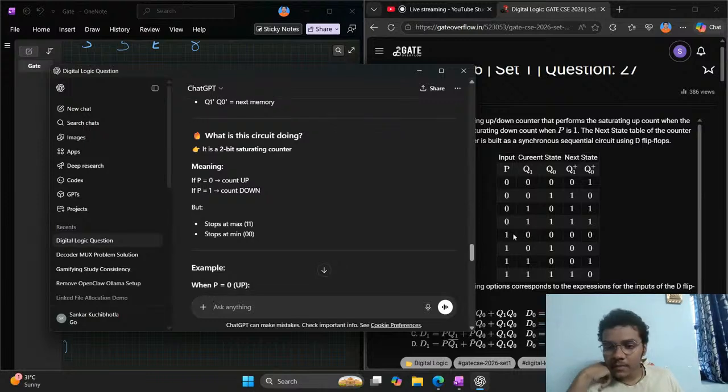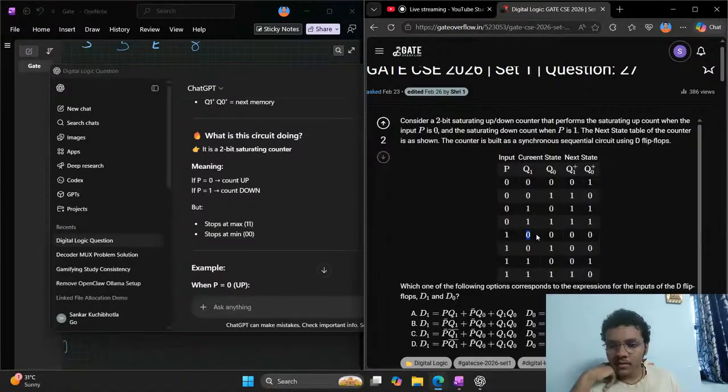You can see the table. It is counting down. So 0 0, there is no down from 0 0, so it stays as that. And 0 1, the minus one of 0 1 is 0 0. We got that. And 1 0, it will have 0 1. This is basically 2 and this is 1. And 1 1, this is basically 3, and it counts down to 1 0, that is 2.